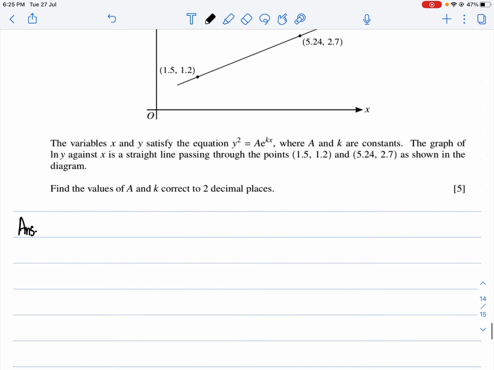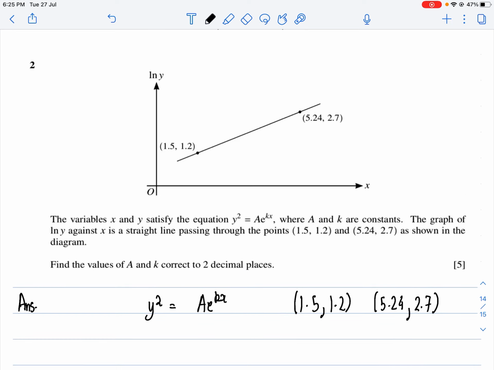So the equation which I have here is basically y square equals a into e raised to kx. And the coordinates I have are 1.5, 1.2 and 5.24, 2.7. Now these coordinates are basically, if you see here, I have x and I have ln y.